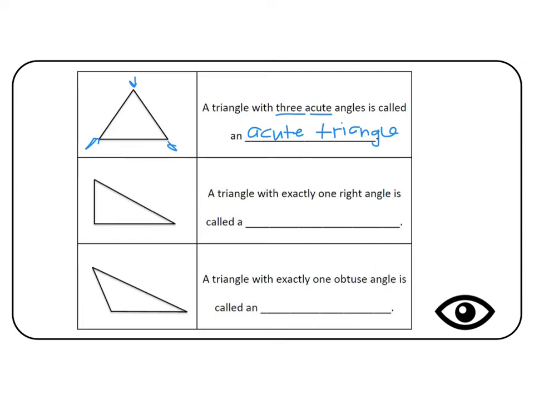Now, when we see a right angle, we also have 2 acute angles, but we have exactly 1 right angle, and we call this a right triangle.